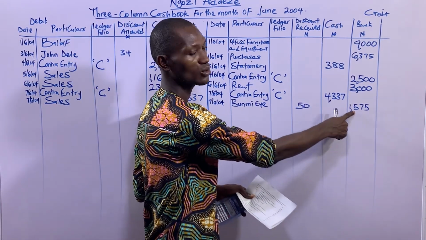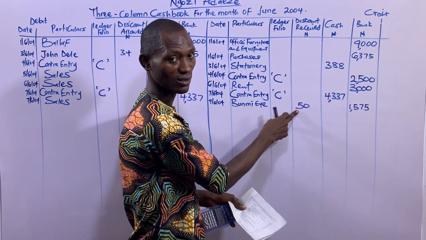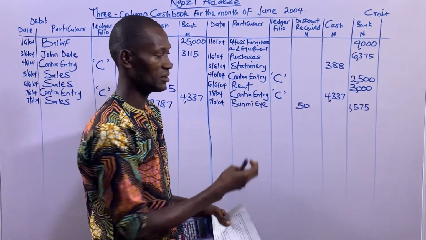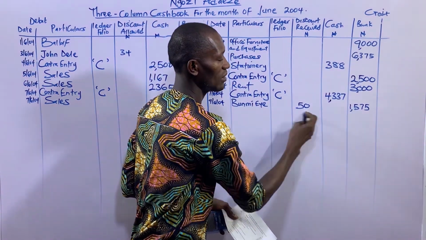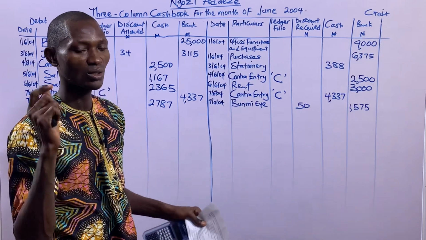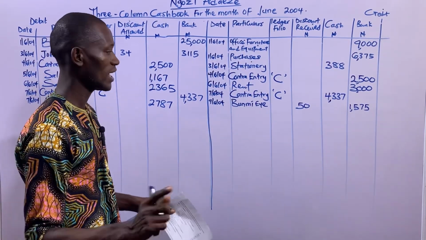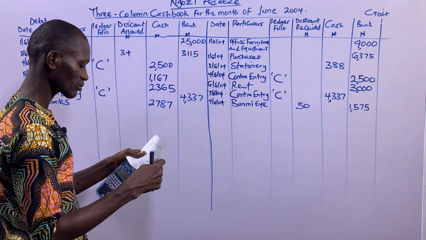So this is the amount Ngozi paid to Bumi. The discount that Ngozi received is this. When you add these two amounts, you have 1,625, which is the total amount Ngozi ought to have paid to Bumi Eyankori. So that's settled. So let's move on.